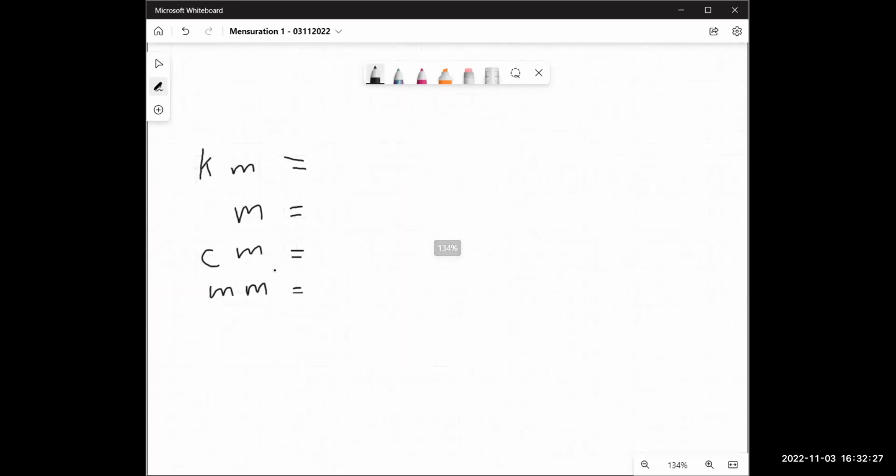Now centi, C, always means 1 into 10 raised power minus 3 meters, 1 into 10 raised power minus 6 meters, and this is 1 meter. That's it. Well, 1 meter is equal to 1 meter, right? And 1 km is 1000 meters.